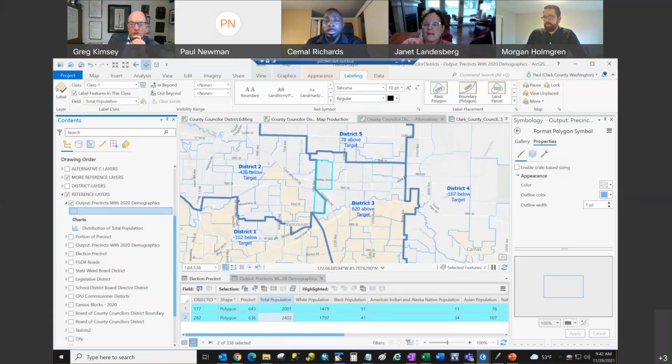Can do. So do we have kind of agreed on requests to Paul on these two, Plan B and Plan A: moving precinct 612 from 5 to 3, and then switching, Greg, these two.